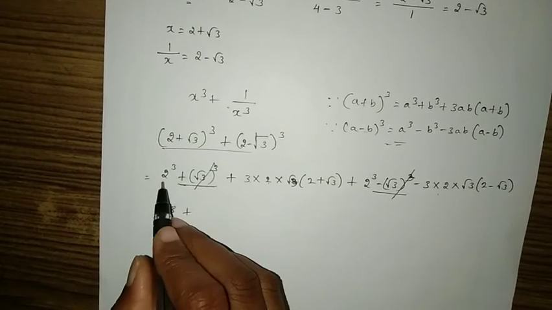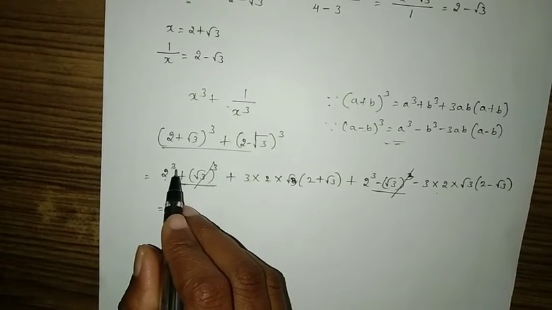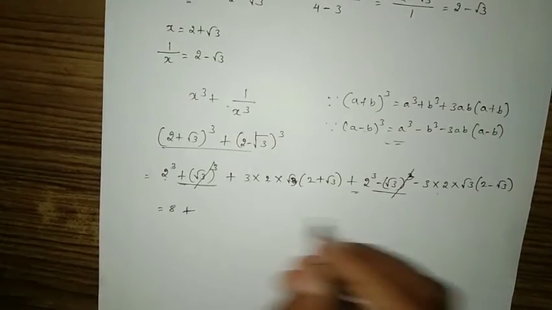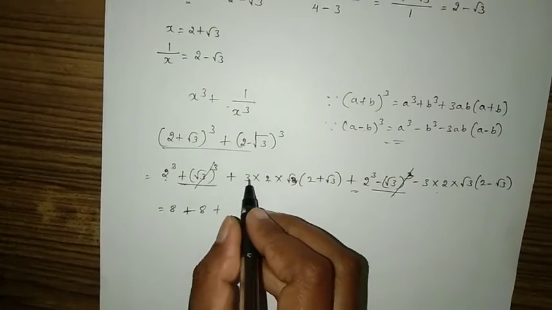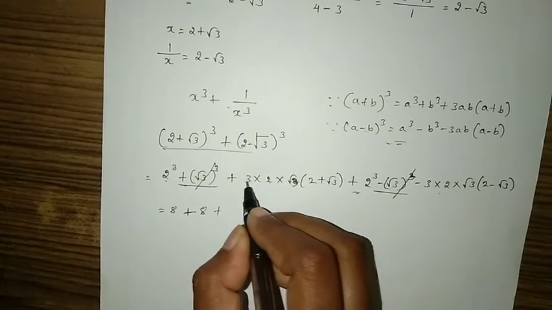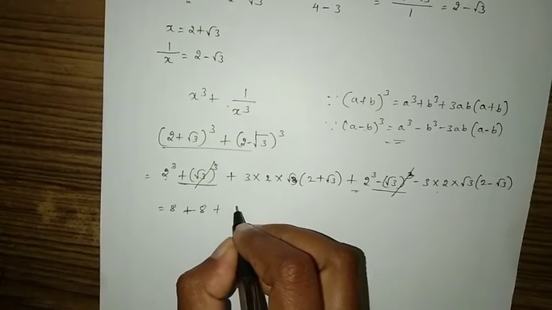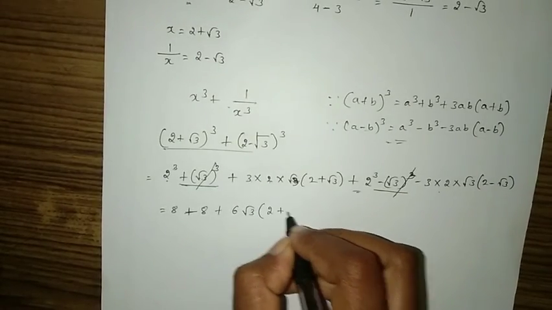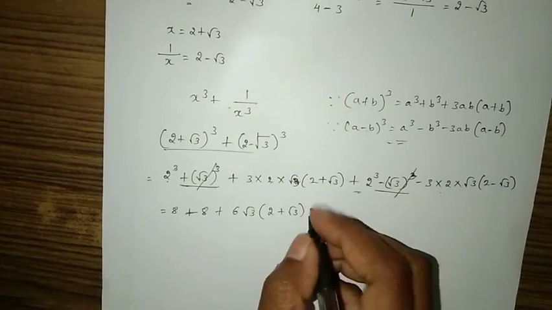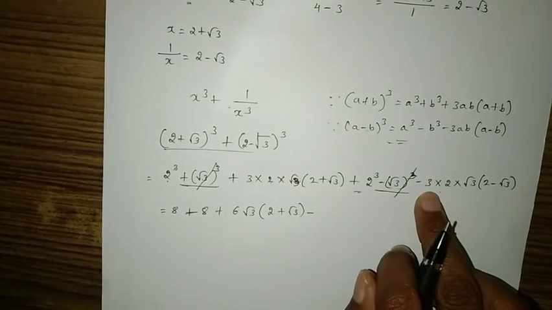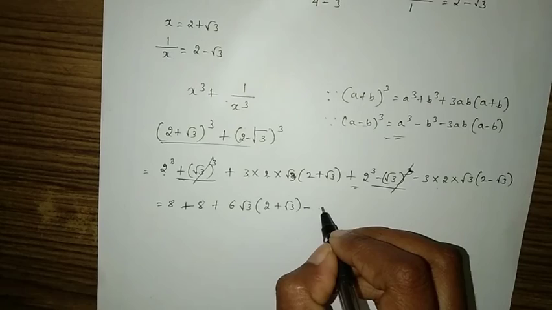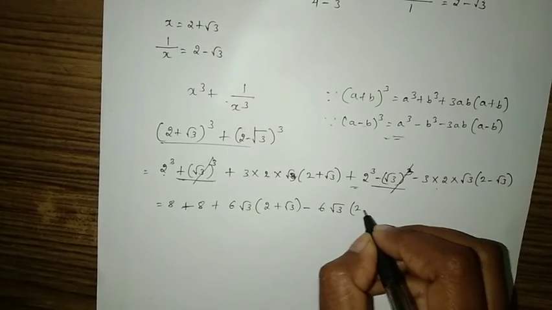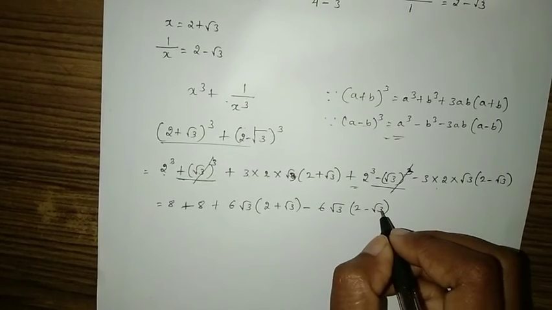Let's do the simplification. 2 cube means 8, so plus here 2 cube, 8, plus 3 2s are 6 into root 3 of (2 plus root 3). Okay, here we have to consider 3 2s are 6 into root 3 of (2 minus root 3).